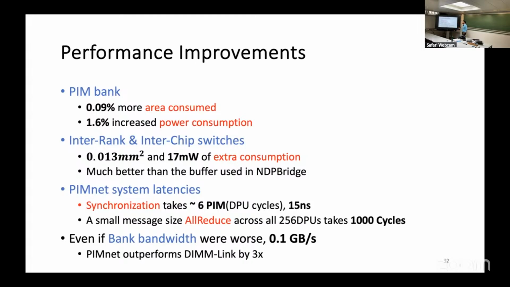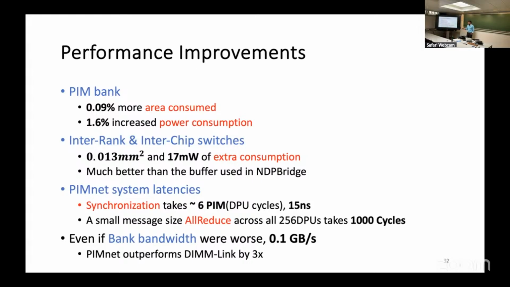PIMnet system latencies. So I mentioned earlier that perhaps the synchronization, it might become a problem. But if you compare the synchronization for the whole lockstep situation and making sure all the data is in a correct location doesn't take long, around 6 DPU cycles, which is around 15 nanoseconds. And compared to the smallest problem that PIMnet can deal with, which is the smallest message size of all reduce across all its GPUs, takes only 1,000 cycles, which when you compare it to is negligible for the synchronization point at least.